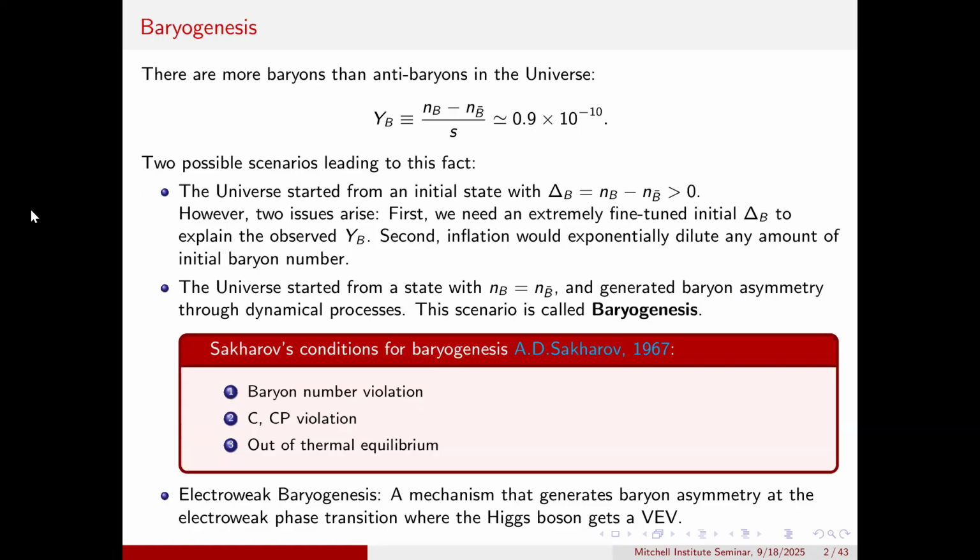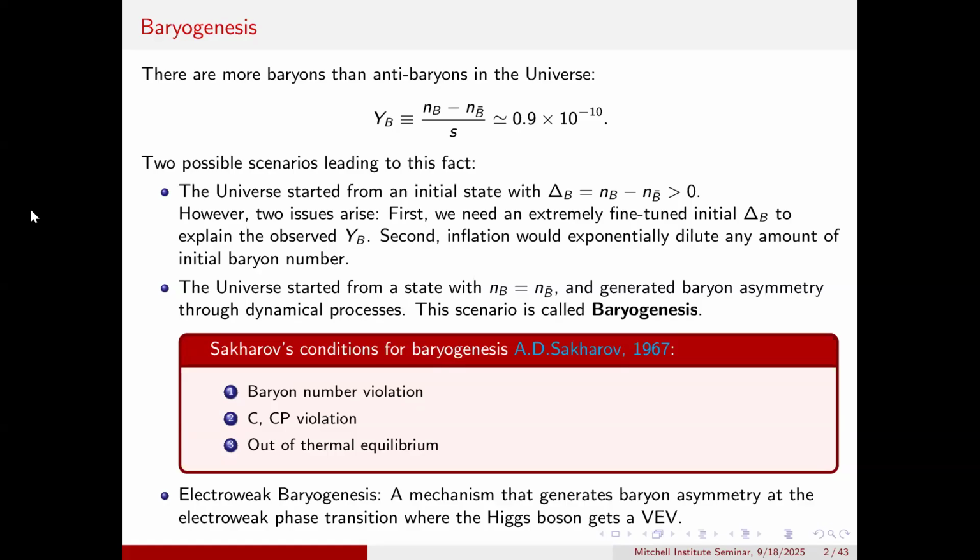The first one would be that the universe starts with a non-zero baryon number. However, there are two issues with this scenario. The first is that we need an extremely fine-tuned initial baryon number to explain the observed value, which is very small.